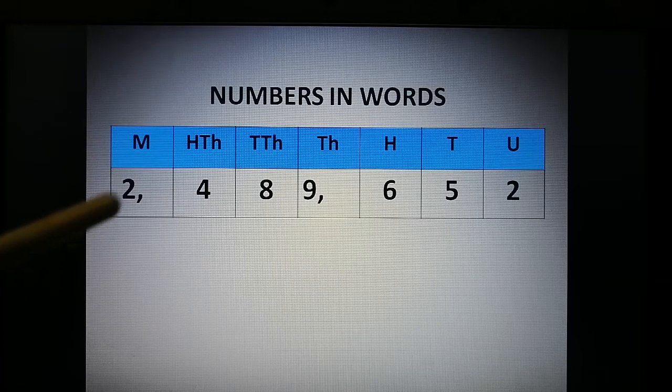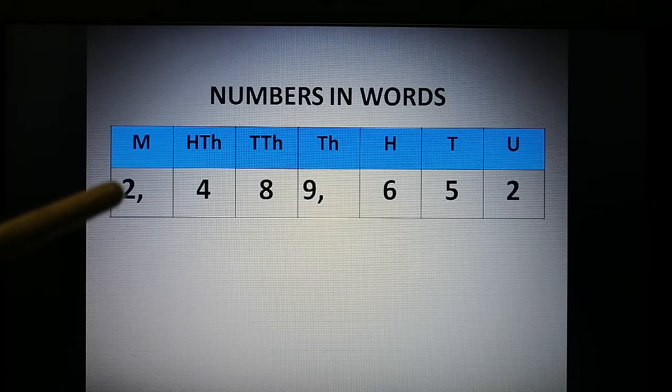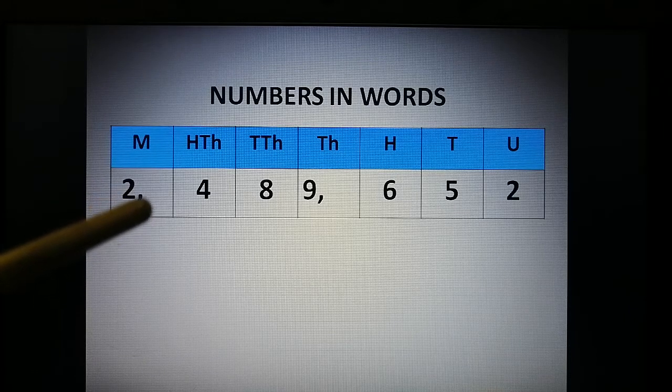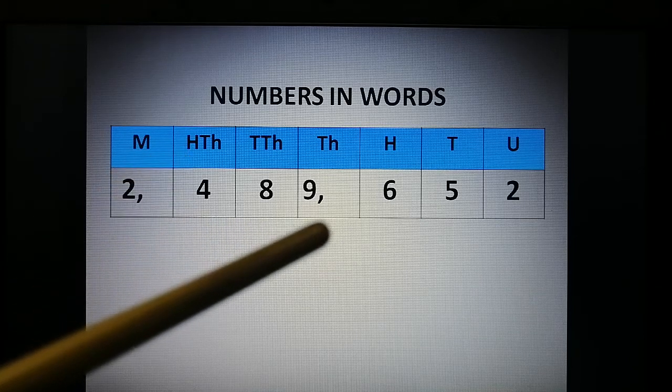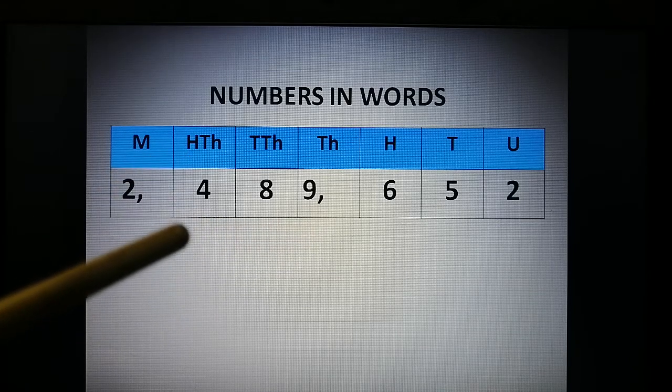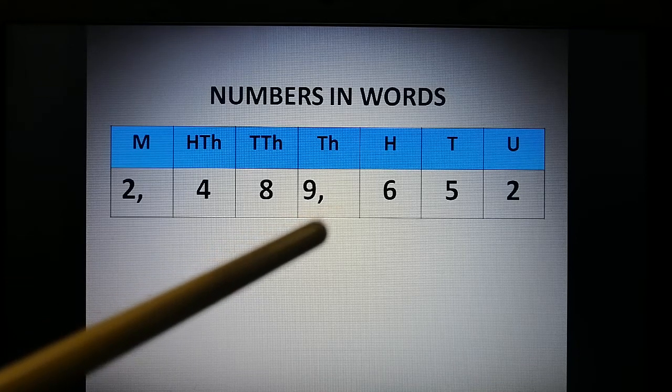So if I'm writing this number in words, I start from the left side: 2, and the comma name is million. 2 million 489, and we know the comma name is thousand.